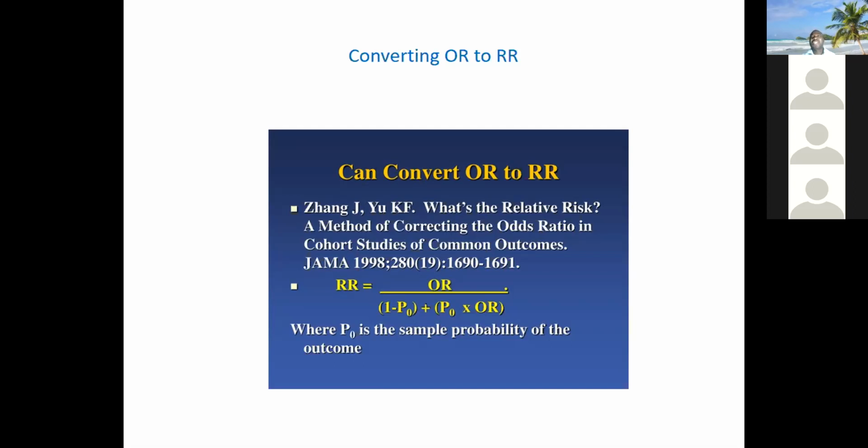So at the end of the day, when you publish, you have a relative risk result. But their values differ, especially if the disease is not rare. An odds ratio is an estimate of relative risk, so sometimes there is a difference.